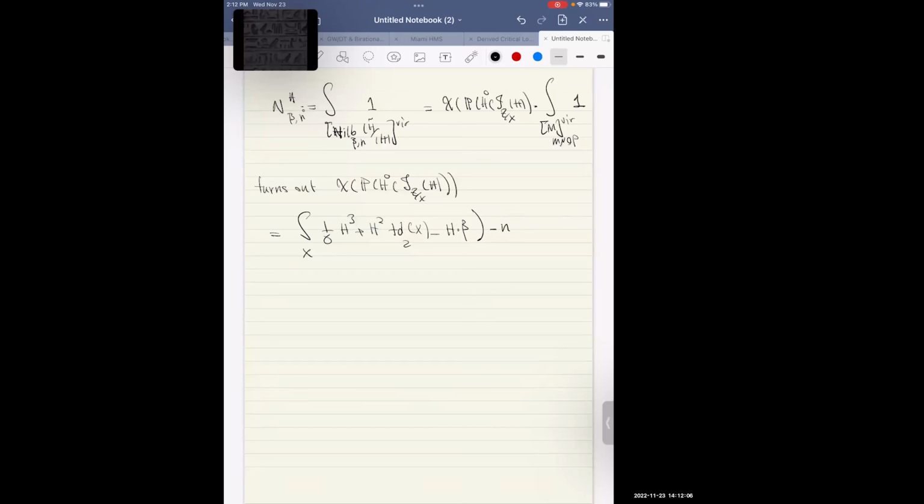Okay, it's a topological number. Let's call it C. I'm going to define it as C, a topological number. It can be calculated.